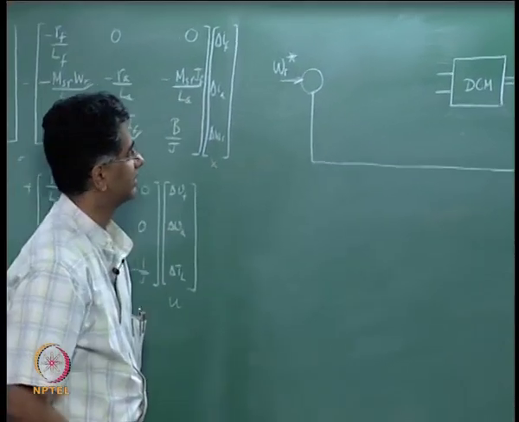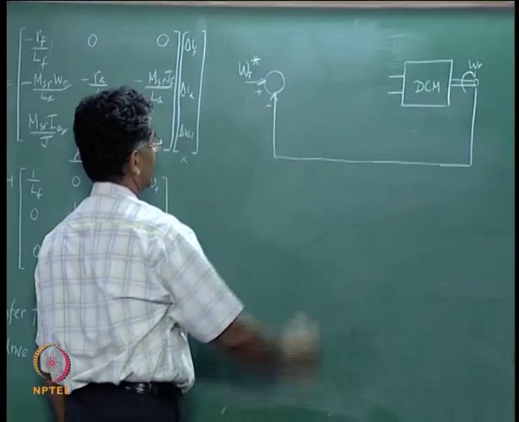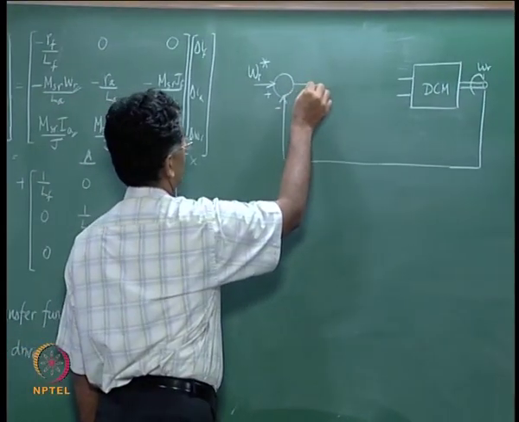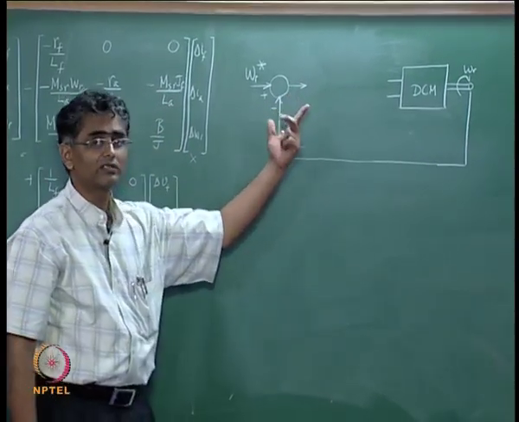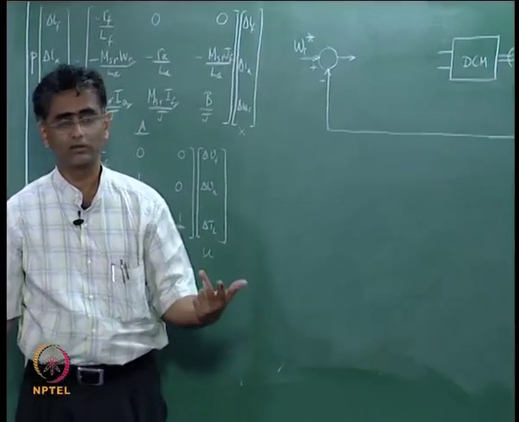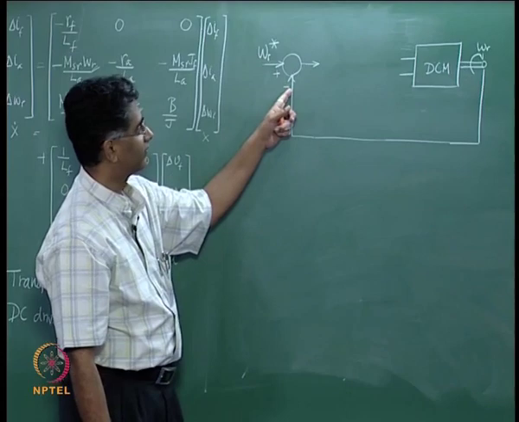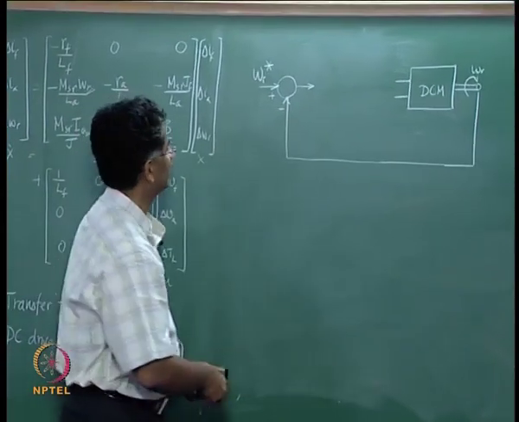Normally one calls it omega r star, and if you now subtract your speed from the reference speed, you get an error signal, and once you get an error signal, you know that something is not right. An error will come if omega r star is different from omega r, which is a situation when there is likely to be some disturbance.